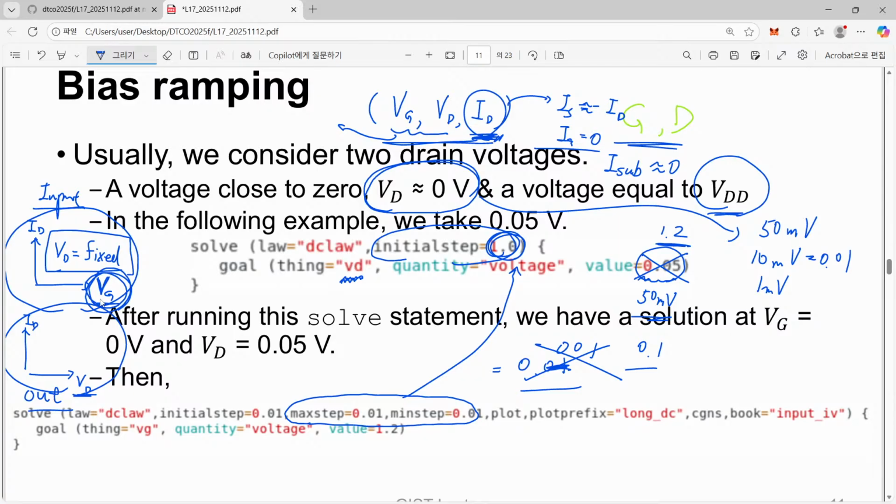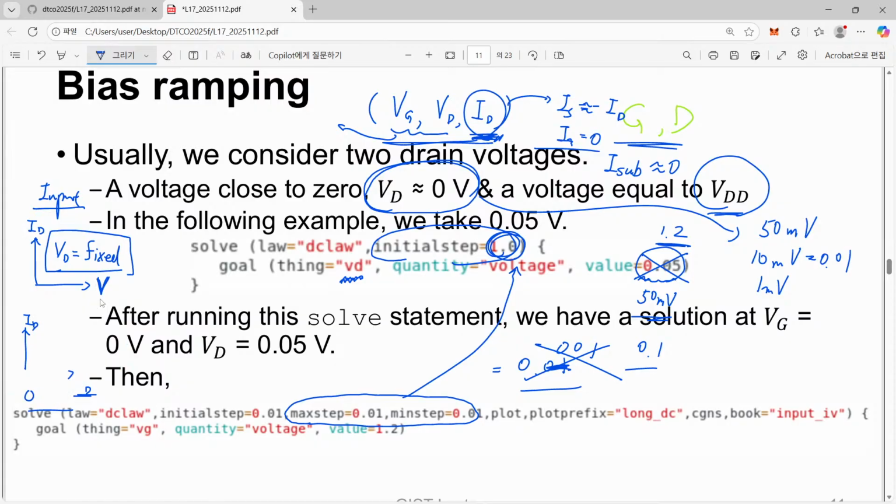Before starting a certain simulation job, we cannot guarantee that this stepping parameter is tight enough to guarantee our convergence or not. So usually we become a little bit conservative in this sense. We start with a little bit tight value, then wait for a while, then we'll get the solution.